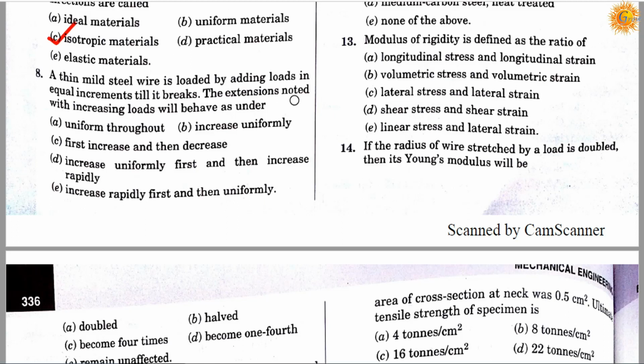The extensions noted with increasing loads will behave as under: option A, uniform throughout; option B, increase uniformly; option C, first increase and then decrease; option D, increase uniformly first and then increase rapidly; and option E, increase rapidly first and then uniformly. So correct answer is D, increase uniformly first and then increase rapidly.